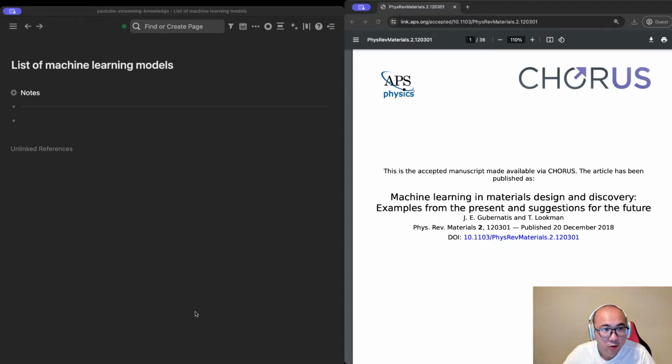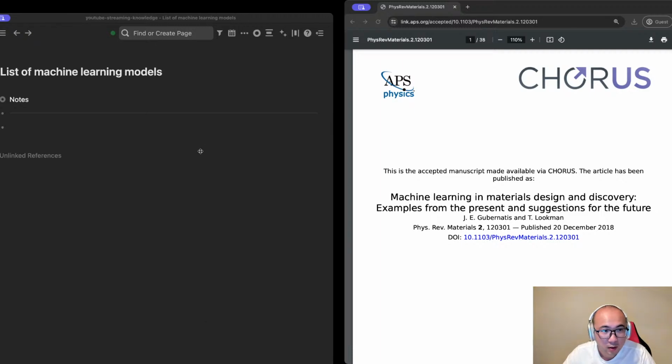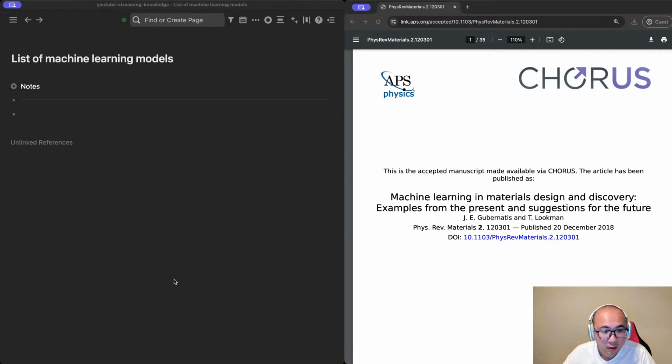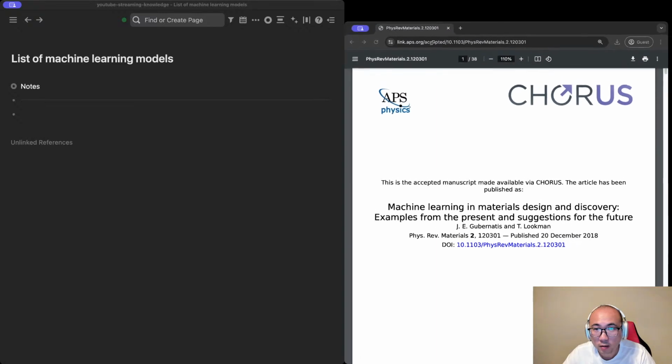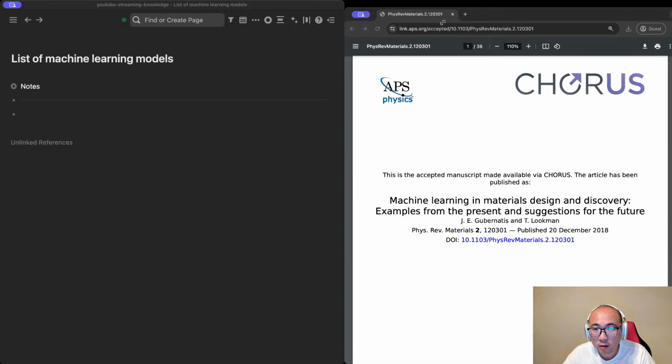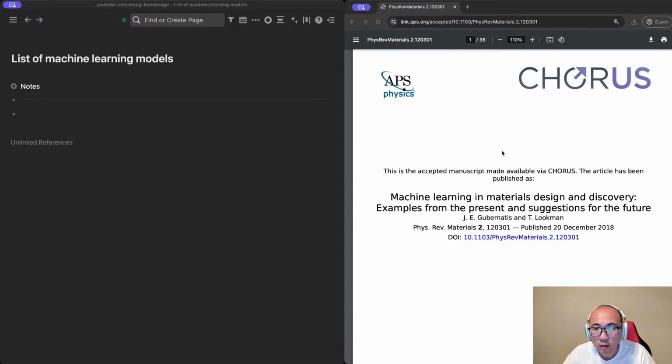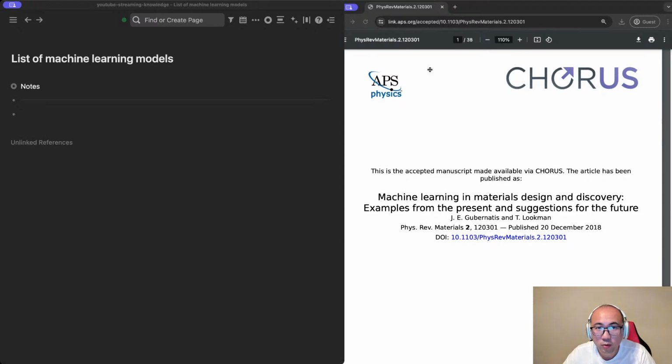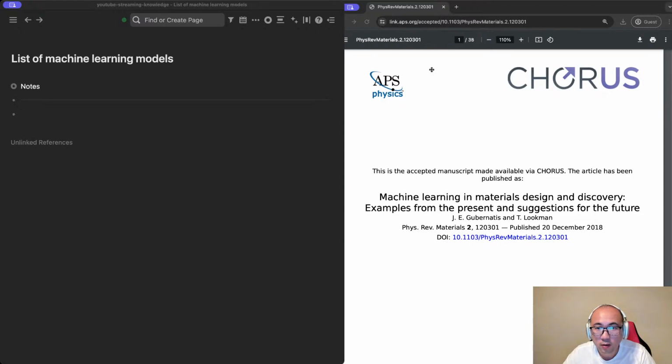RoamResearch here, and Chrome is here. Just move it a little bit to this side. All right, I guess it works.